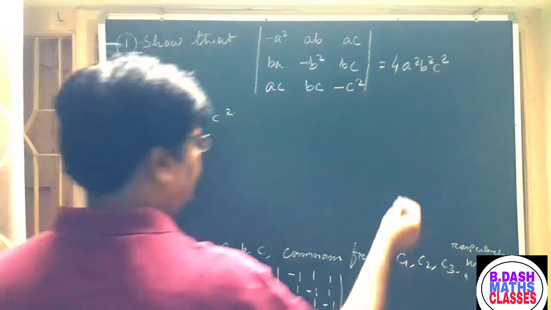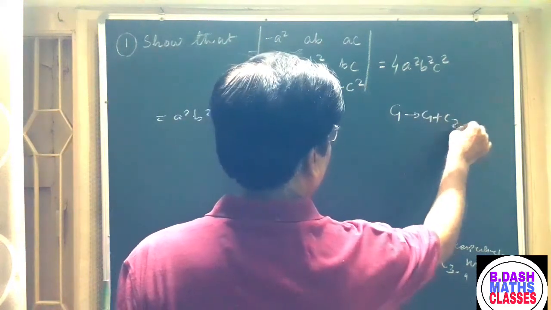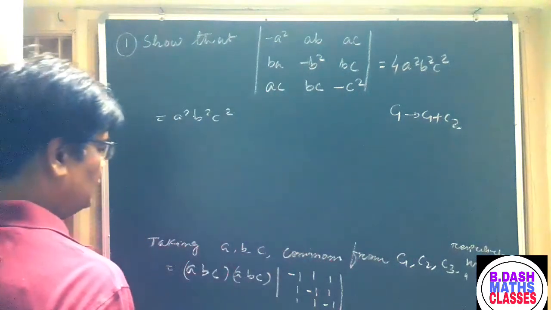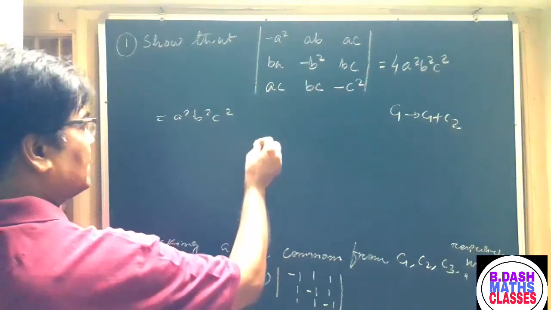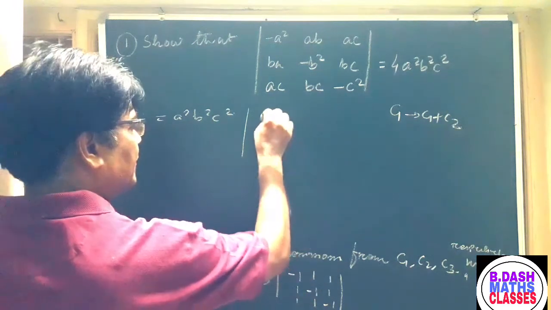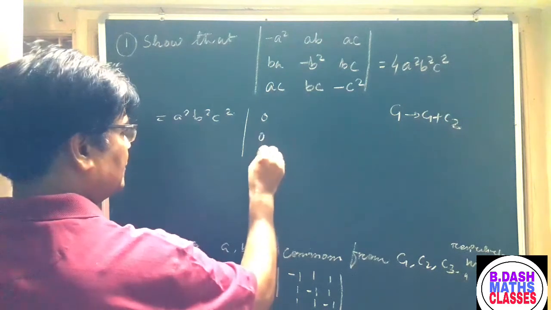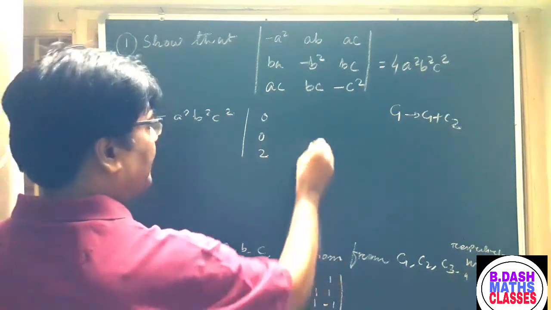So let us replace column 1 by column 1 plus column 2. If we replace column 1 by column 1 plus column 2, it will be 0, minus 1 plus 1, which is 0, and this is 2.